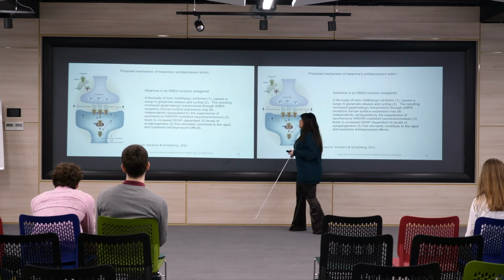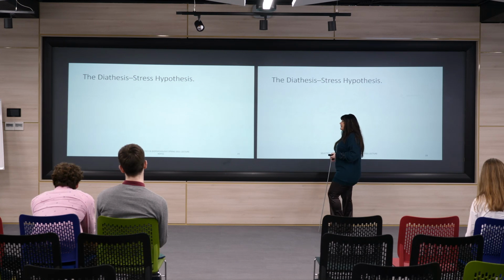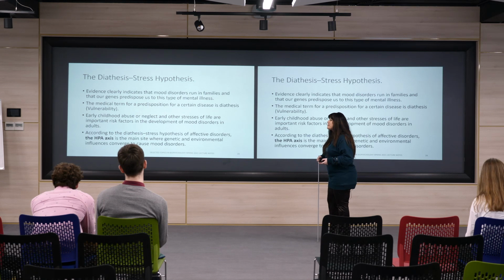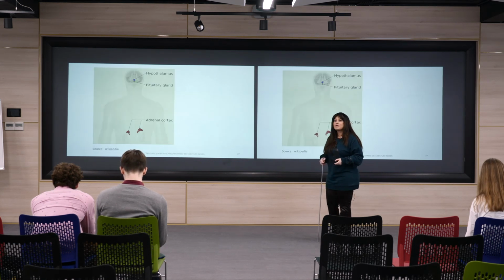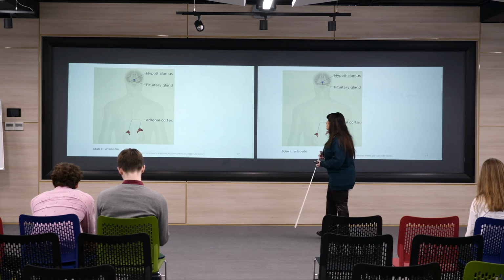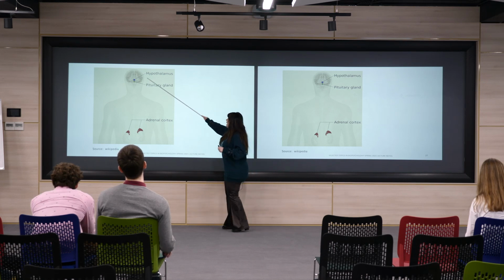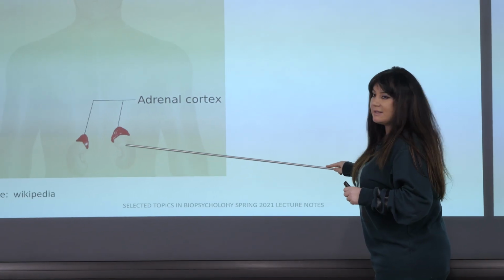So the vulnerability-stress hypothesis mostly converges on our stress system, or stress response. What is the stress response? When we think of the stress response, you have to think of some major components: the hypothalamus, the pituitary gland, and the adrenal glands, which are found on top of the kidneys.